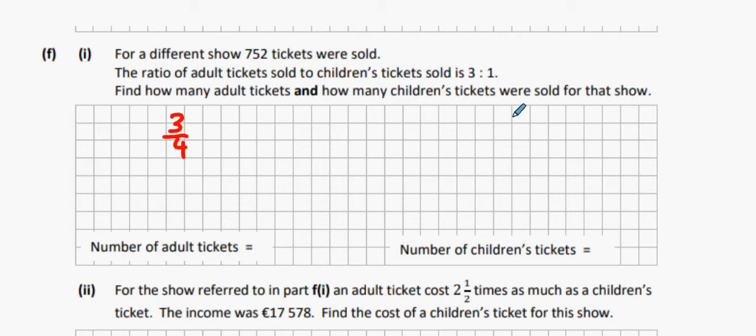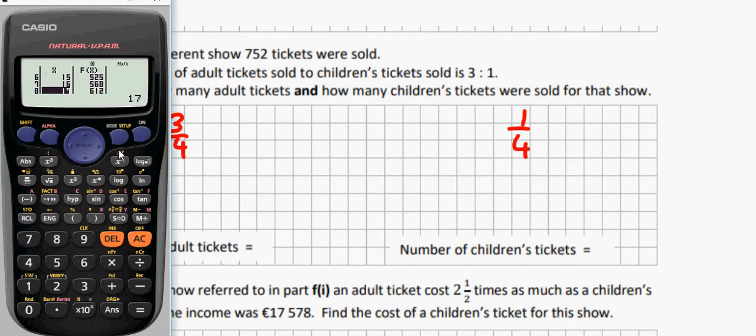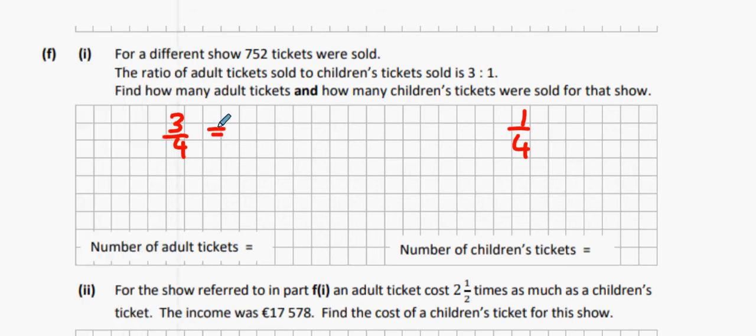The adults are 3/4 of your population, and the children are 1/4 of your population. So what's 1/4 of 752? Can you use the percentile thing and just do 75% of 752? Yeah, same thing. 188. So 3/4 of 752 is 564. And that's 564. Happy enough with that? Yeah?